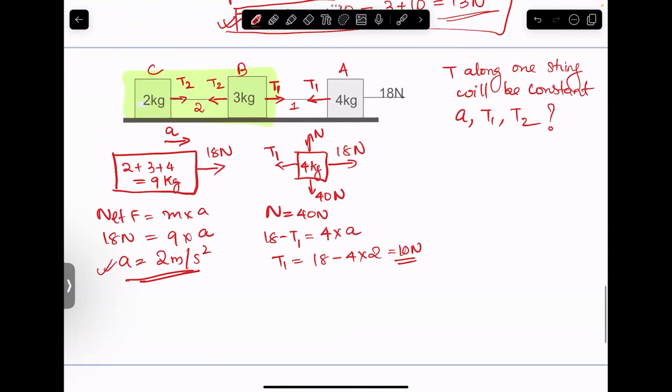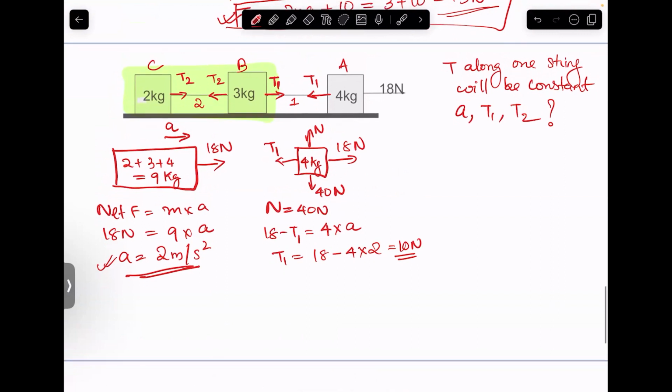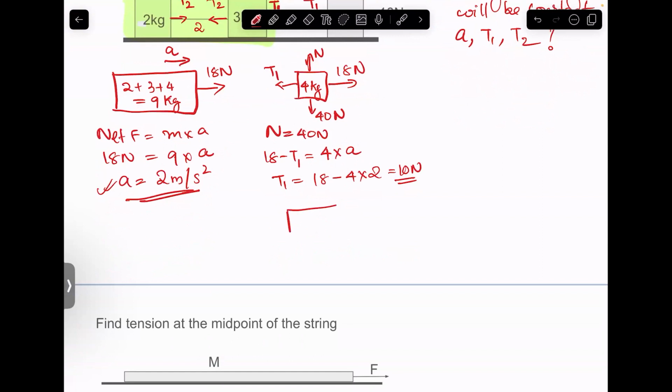Now we can see if the same applies with B and C combined. So we will take B and C together. B is 3 and C is 2, so that is 5 kg. It is being pulled by T1.